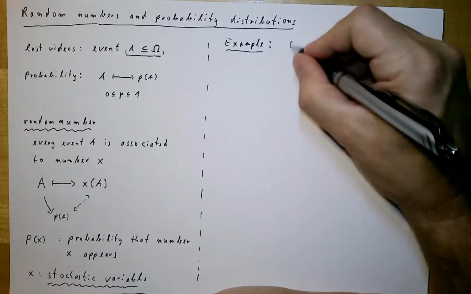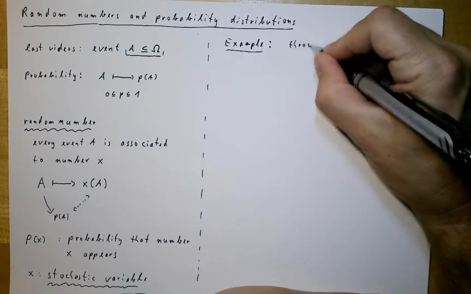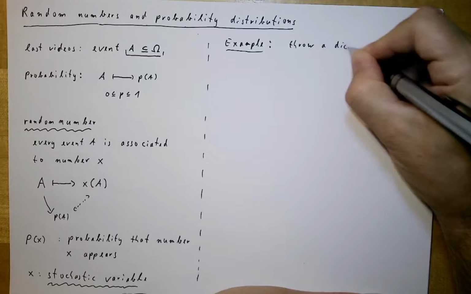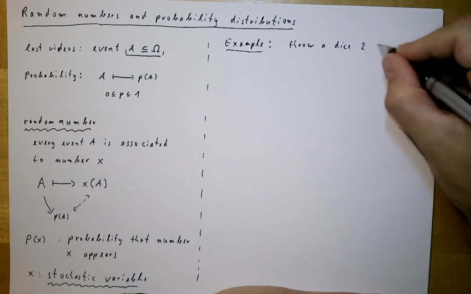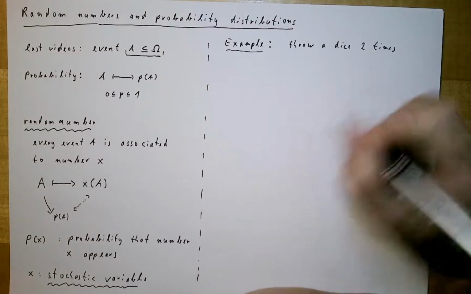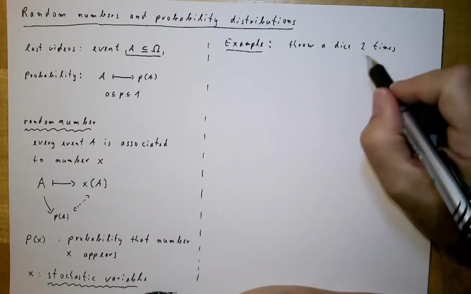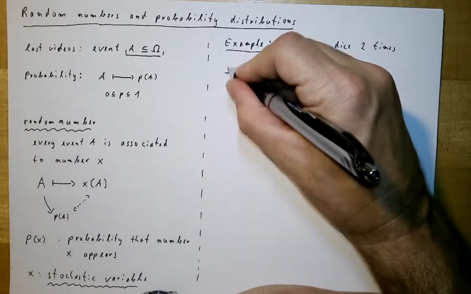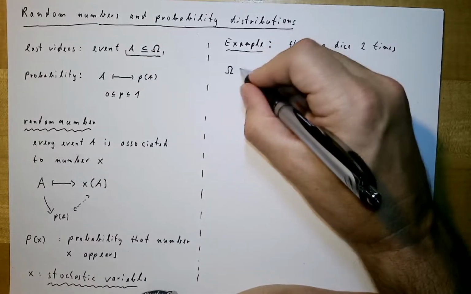Let's throw a dice 2 times. So first, if you throw the dice 2 times, what's the sample space? So what are all possible outcomes?